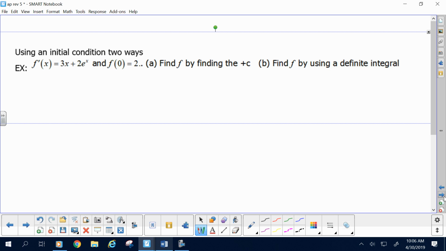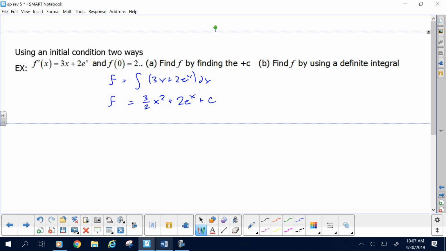Never assume that 0 always zeroes out. That's dangerous thinking. So, one way to find the function is to actually integrate, get a plus c, and find the c with the initial condition. You would say f is the antiderivative of f prime. What's the antiderivative there? 3 halves x squared plus 2e to the x plus c.